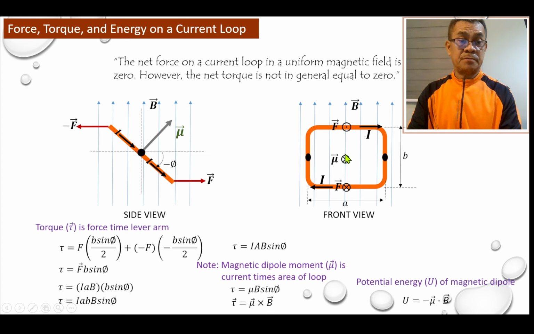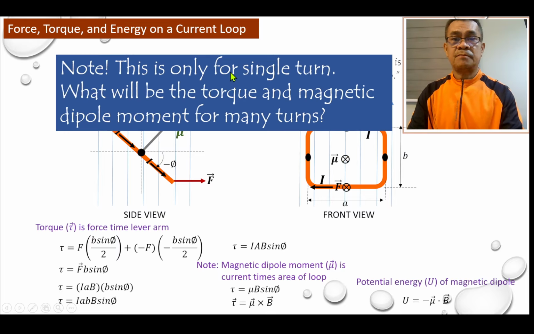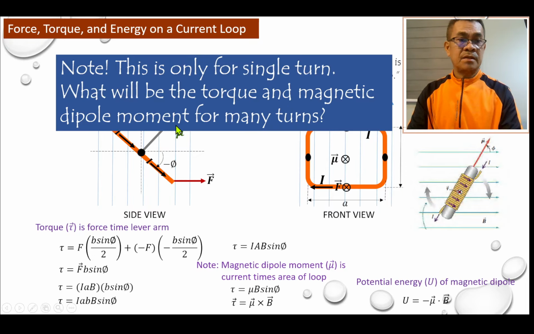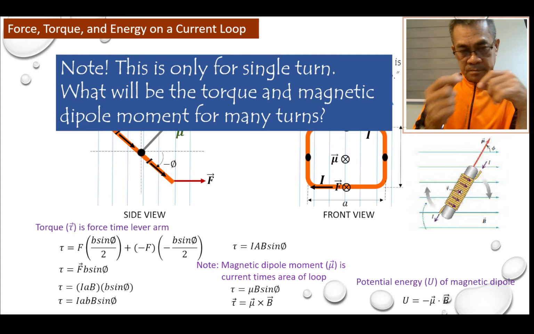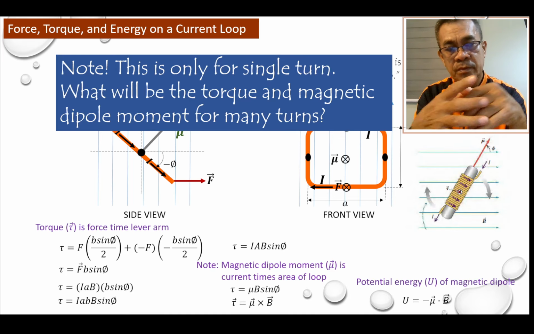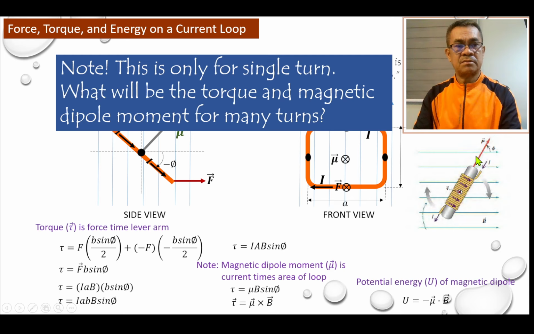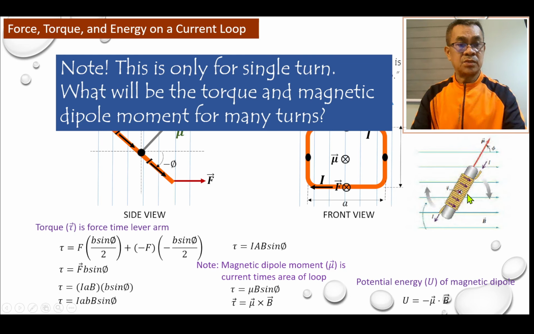Now, take note, this is only a single turn. A current loop can have multiple turns. If you allow a magnetic wire to form loops around this metal rod, then you are actually creating a solenoid.